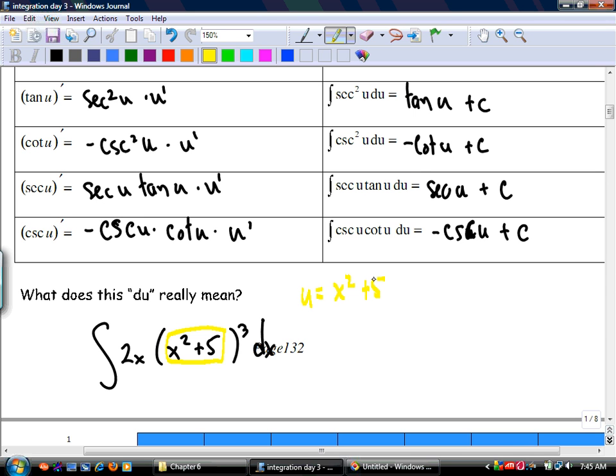Now, I heard Mr. Howell did it two different ways, his way and the way I do it. So the next thing I ask kids to do is write du over dx equals 2x, take the derivative. Then if I take that dx over to the other side, which seems kind of strange, but just do it, du equals 2x dx. Look, this is right.